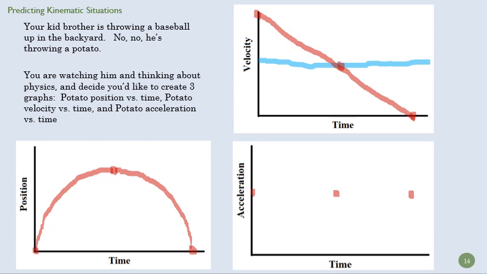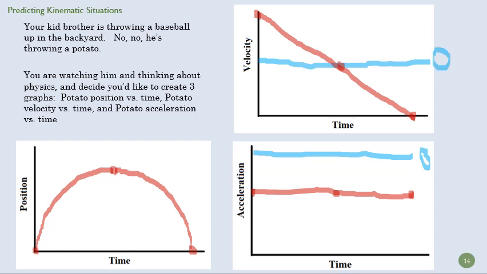And so really, I should be drawing our constant acceleration here like this. But it's important to remember that this is our 0 line here. So that's 0. And that's 0. This is actually a negative acceleration. It's accelerating downward. As soon as it leaves your hand, as soon as it's in what we call free fall, it's accelerating in the negative direction.